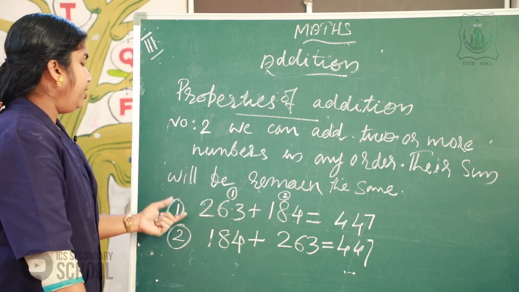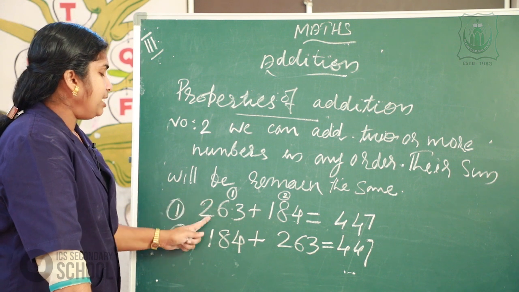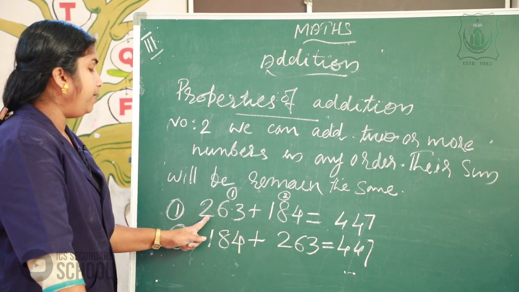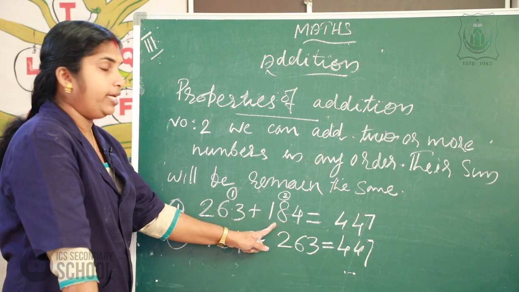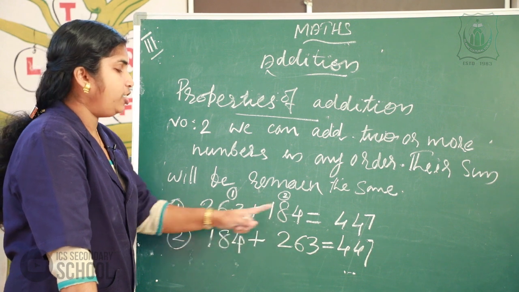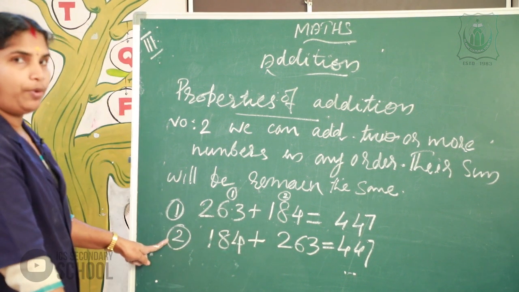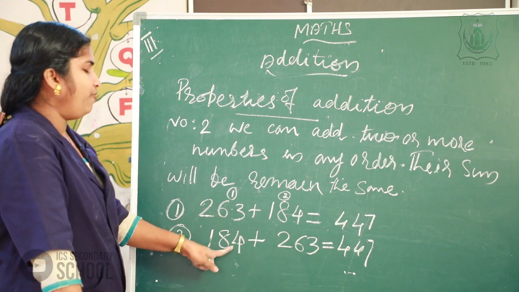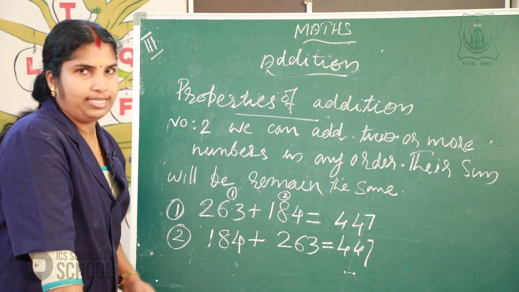In the first problem, the first order is 263 and the second order is 184. In the second problem, the first place number is 184 plus 263.